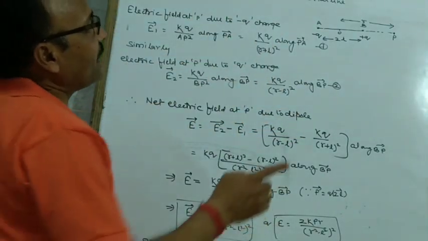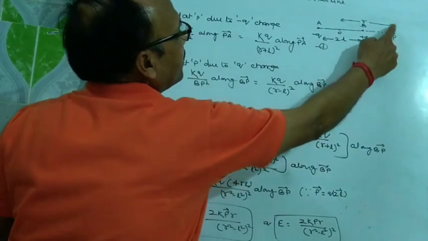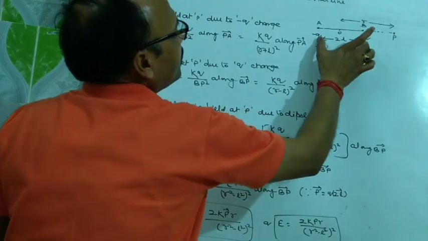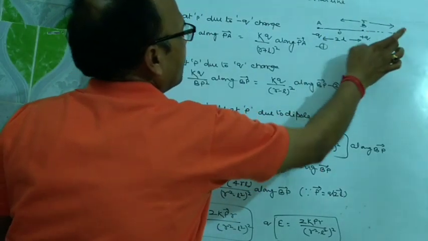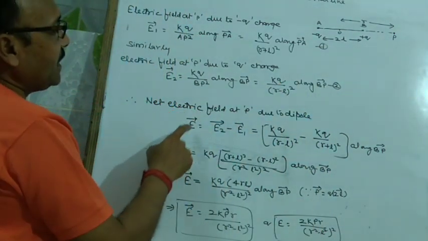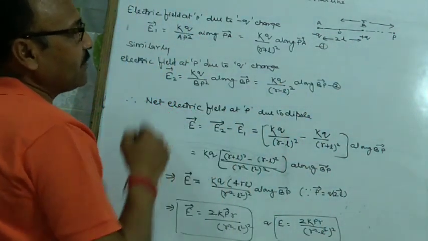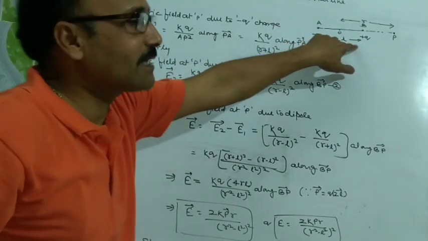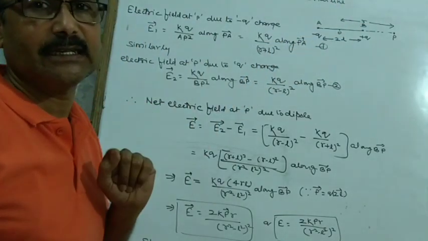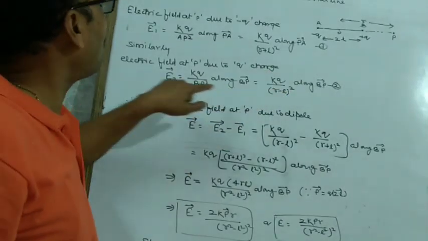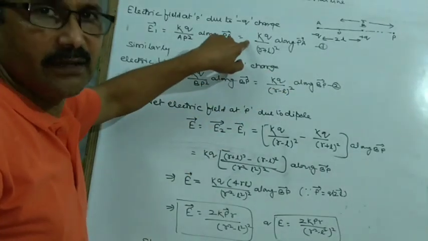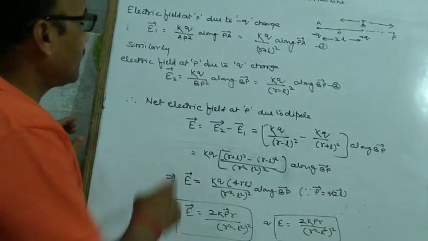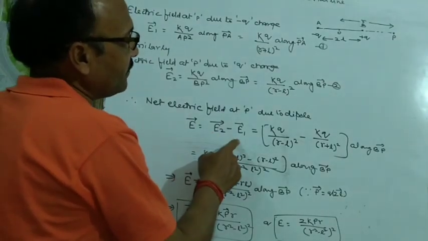Now we have to find the net electric field at this point P due to these two charges, that means the dipole. So this net electric field E will be equal to E2 minus E1. Why? Because E1 and E2 are in opposite directions, and the magnitude of E2 is greater than E1.